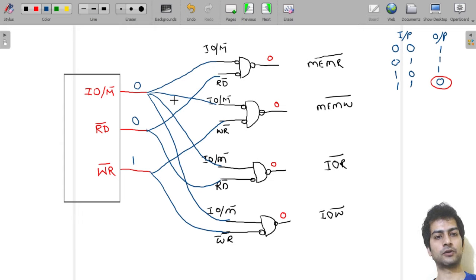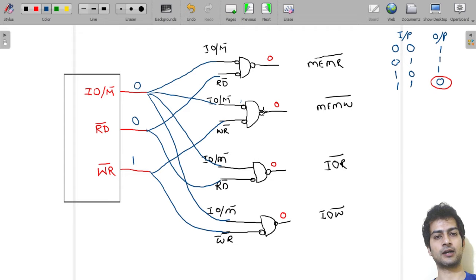Now coming to this, here 0 and here 1. Now 0 will become 1 here, and 1 will become 0. It will be ANDed, so it will become 0.